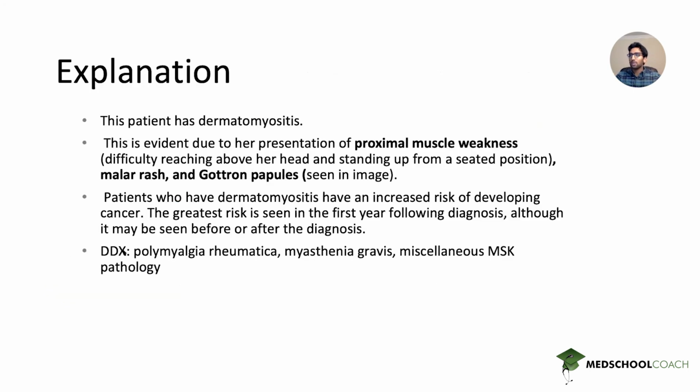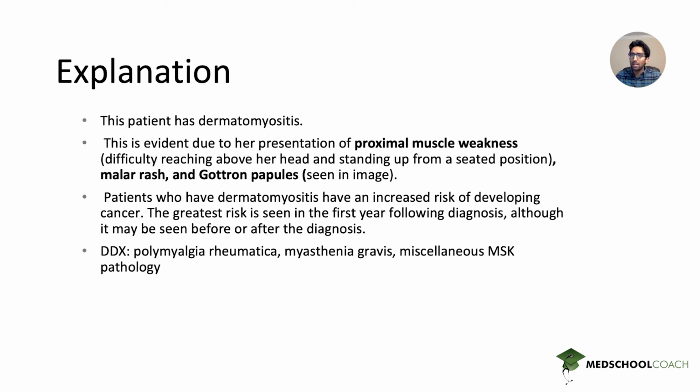As we said previously, this patient has dermatomyositis, and the combination of the proximal muscle weakness as well as that characteristic rash, the Gottron's papules, pieces together our diagnosis here. Interestingly, this vignette also mentions a rash on her cheeks.